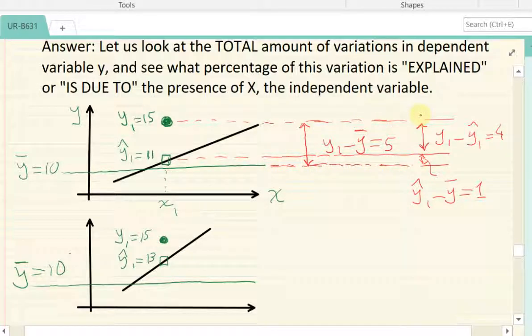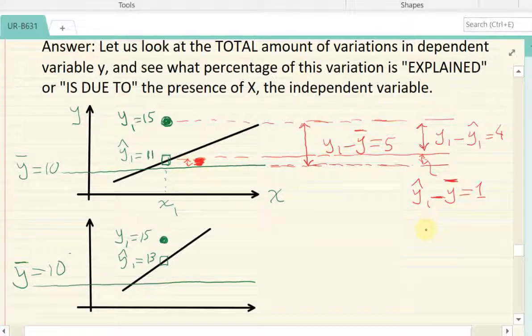Now, if I look at the ratio involving y hat 1 minus y bar, that's this distance right here, from here to here. That distance is 1 unit.